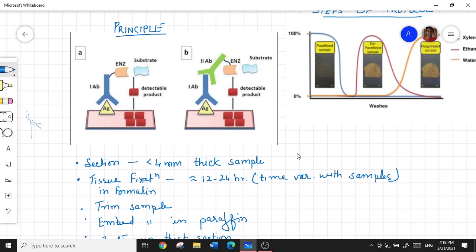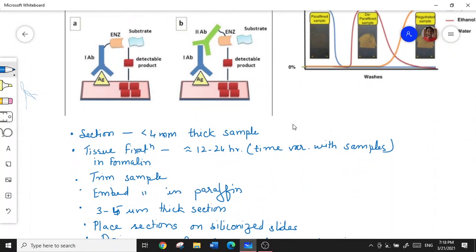Now the protocol of immunohistochemistry. This protocol is given for the detection of antigen in tissue.